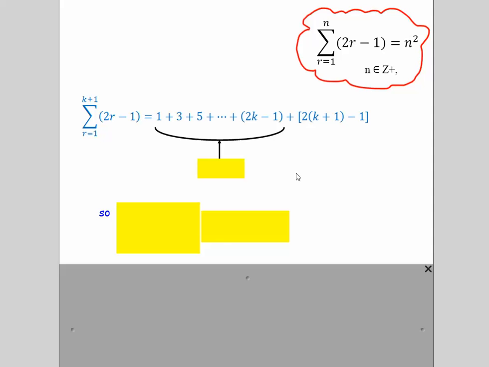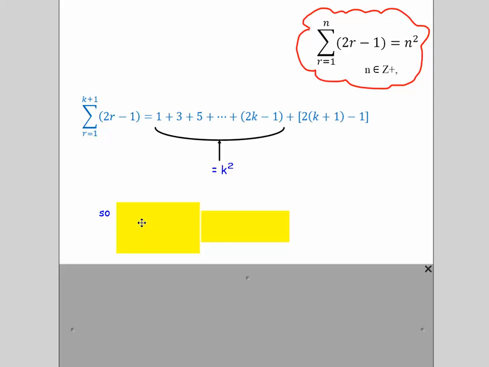So the way we can do that, we've got the first part of the sum, which we've already looked at. So we've assumed that this is equal to k squared from our step 2. We've got an extra term here, so up to k plus 1.